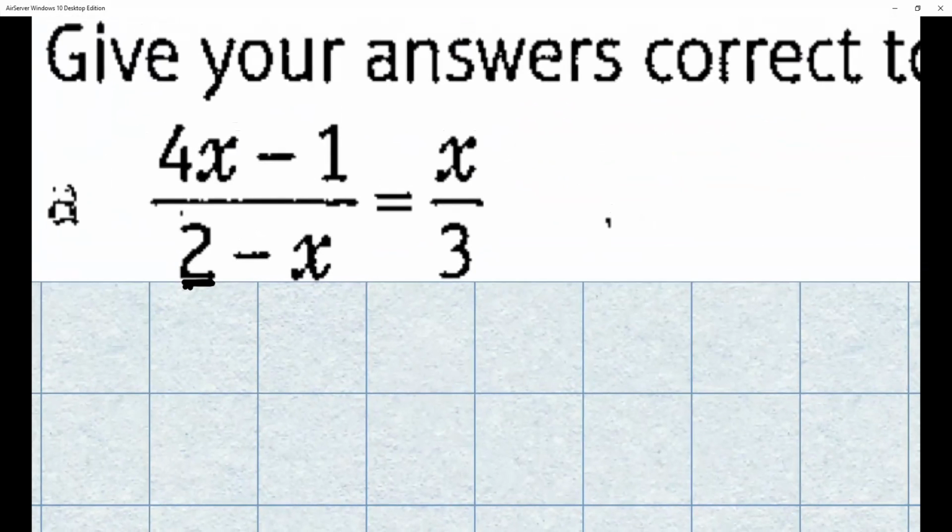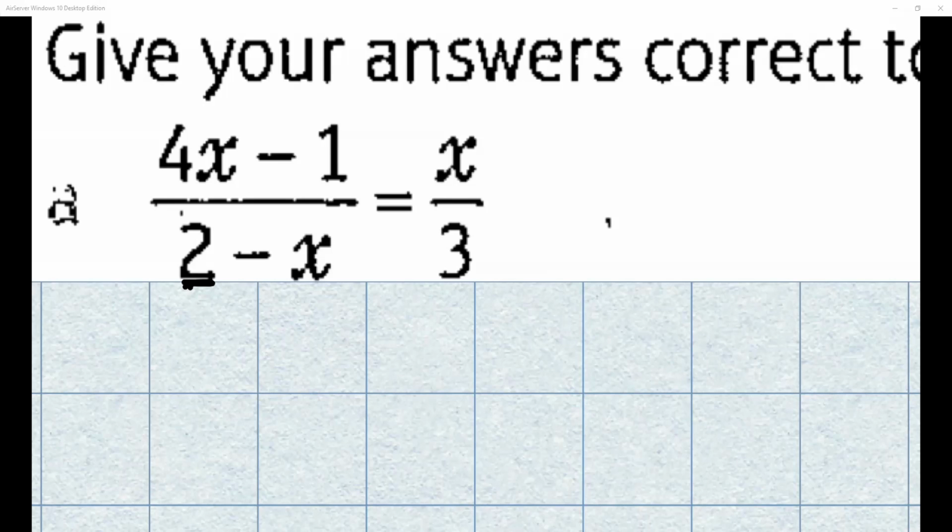Do you cross multiply? Fantastic idea. Okay, I'm just going to mute 1 or 2 other students who've got their microphones on. Okay, so because we've got one fraction equal to another fraction, we can do this thing called cross multiplying.